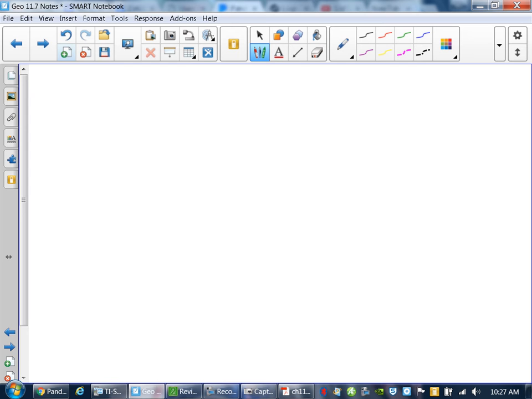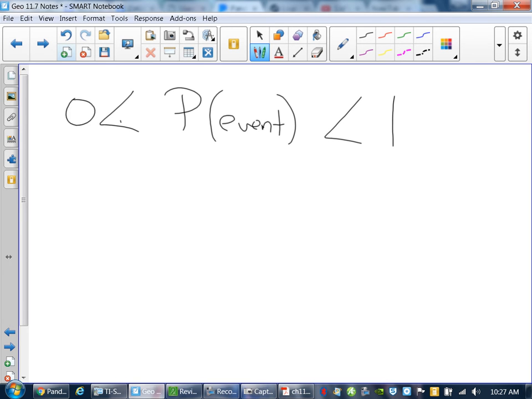Anyway, so what we're talking about, this whole idea of probability of some event. All right, guys. The probability of an event is always within a specific range. It will always be between 0 and 1.